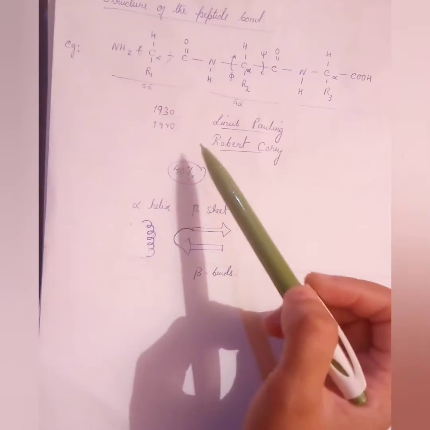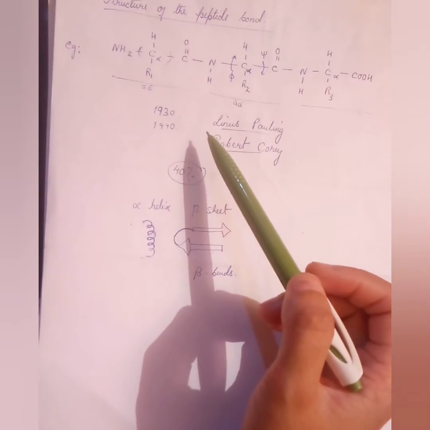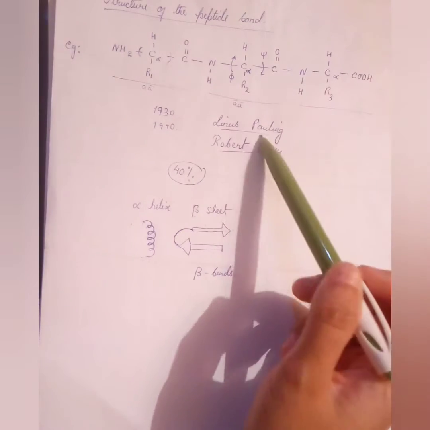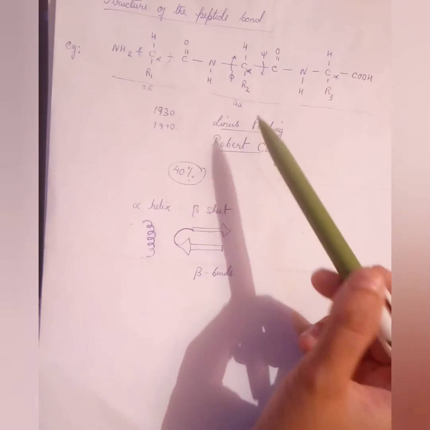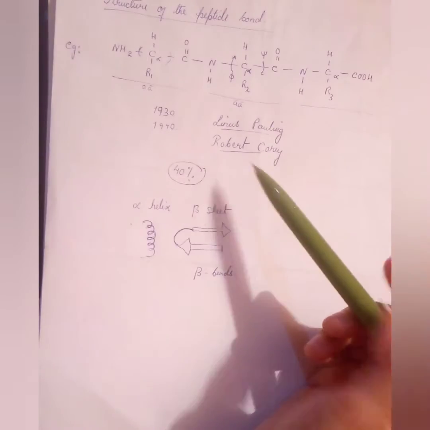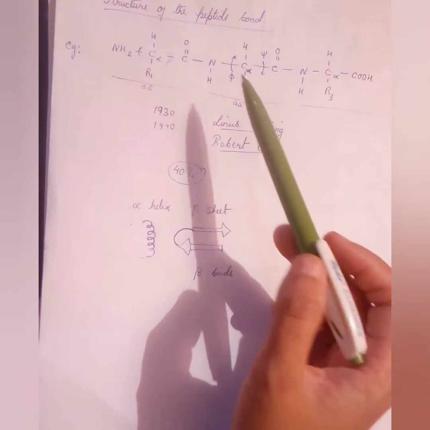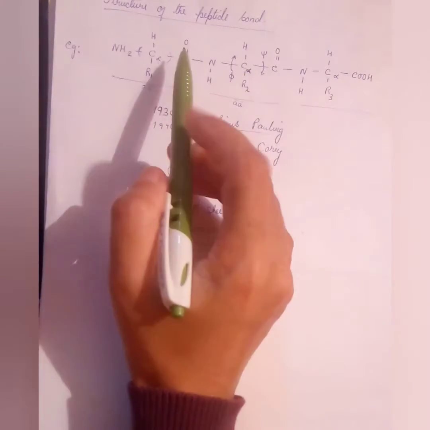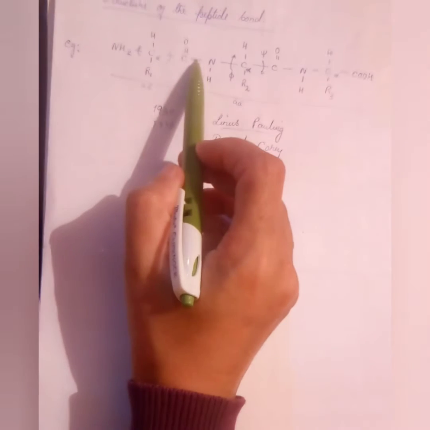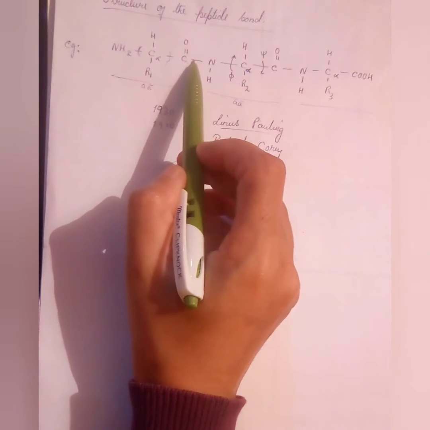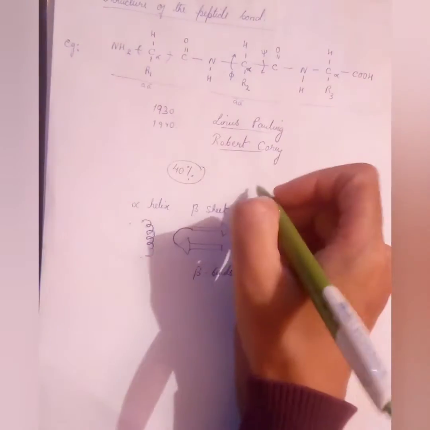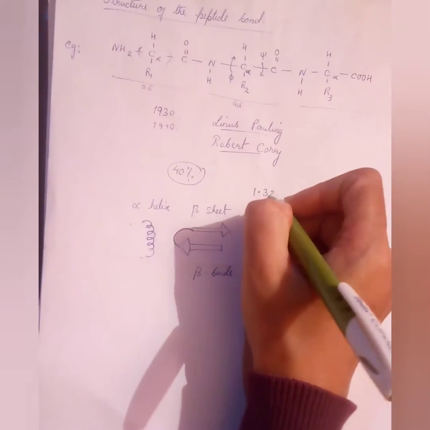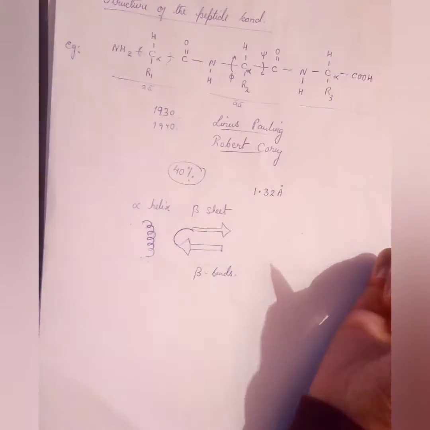Now the X-ray diffraction studies of the peptides by these two persons have shown that the peptide CN bond, this peptide CN bond here, is somewhat shorter, around 1.32 angstrom.